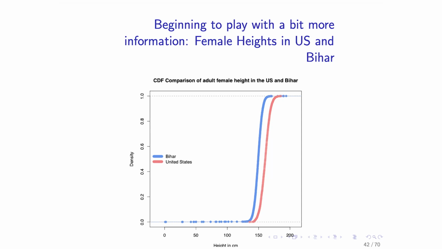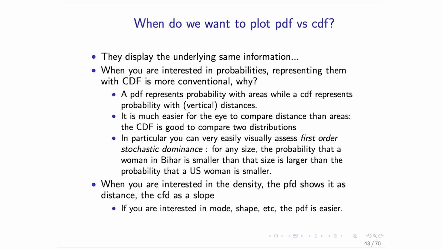We don't have to do the count, and we don't have to integrate in our brain. So if we are interested in areas, it's much easier to do it with the CDF. We can see that it is true everywhere, that the CDF of the US is below the CDF of Bihar. So that's a reason why I, at least personally, much prefer to see CDF than PDF when this type of question is being asked.